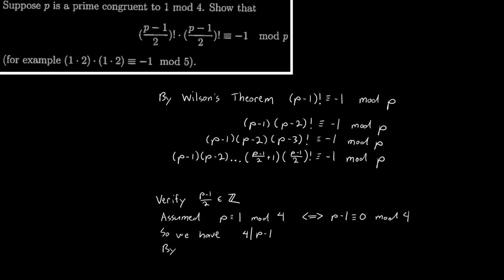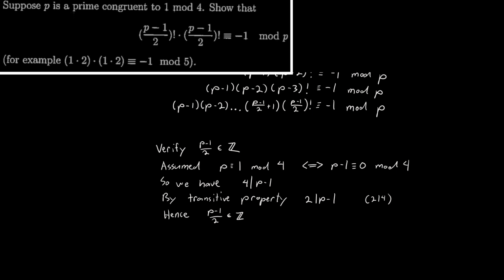By the transitive property of divisibility, which is if a divides b and b divides c, then a divides c, we can say that 2 divides p-1 because 2 divides 4 and 4 divides p-1. So since 2 divides p-1, then (p-1)/2 is in fact in Z.